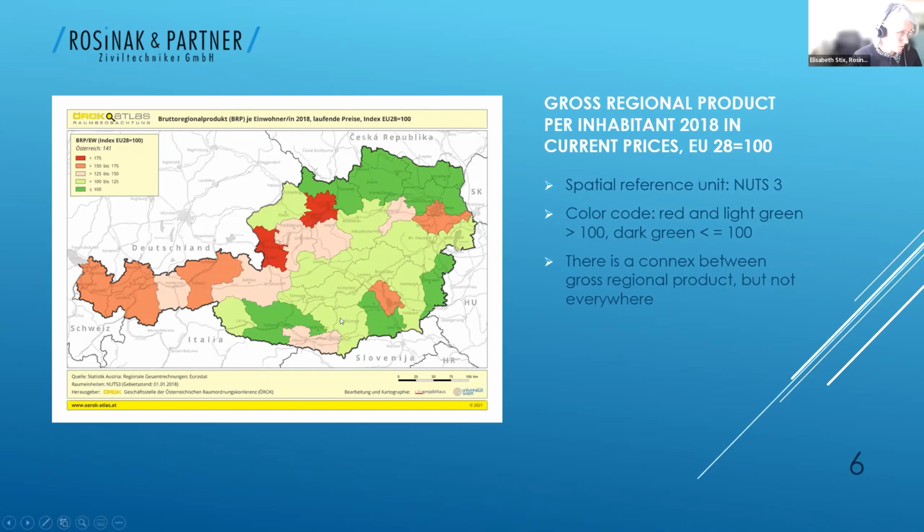And so here you see that mainly the western parts show a very strong gross regional product. Urban regions around the big cities, not that strong in the eastern regions, where we have strong predicted growth of population. And you also have not that bad development in the south and in the inner peripheries.